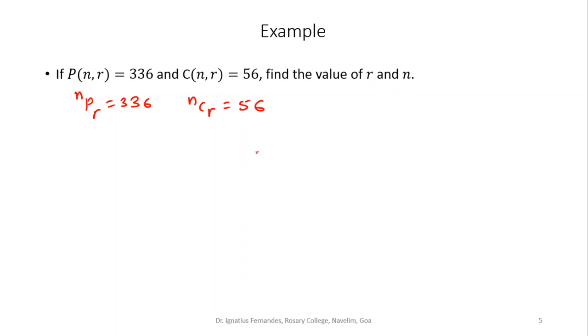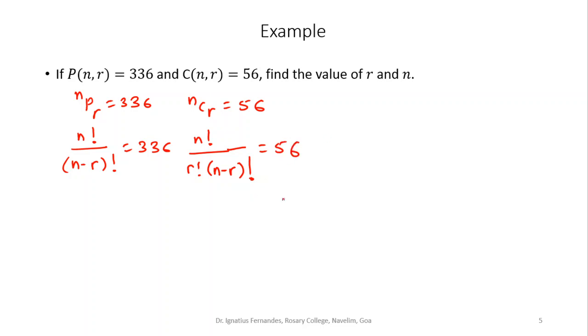Okay, so if we just go by the definition, we know that nPr is n factorial upon n minus r factorial. This is equal to 336. Okay, and nCr is n factorial upon r factorial into n minus r factorial, and this is given to be 56.